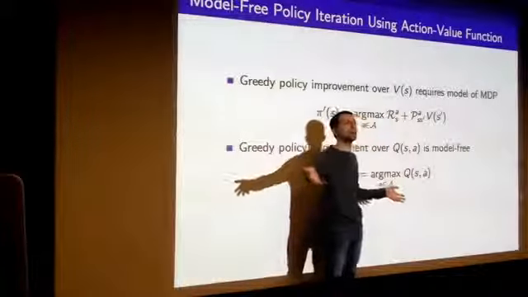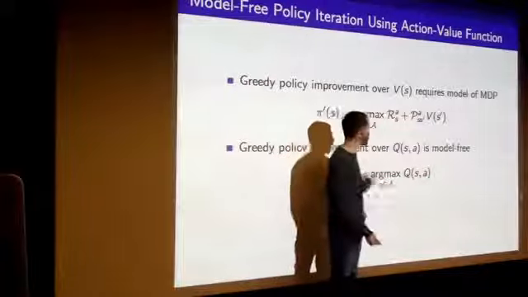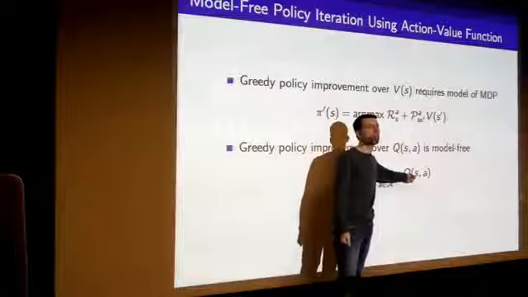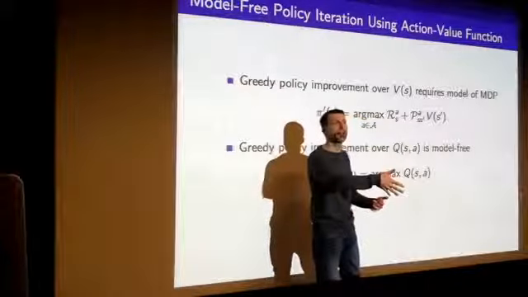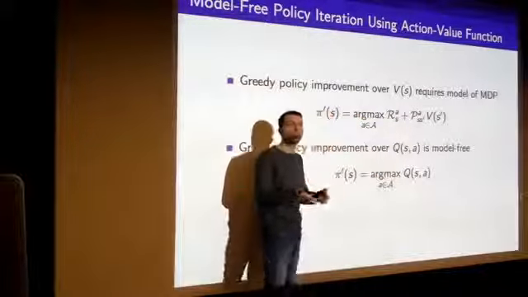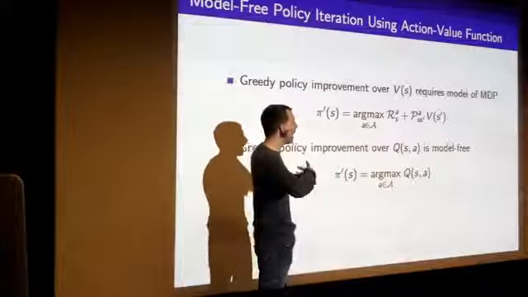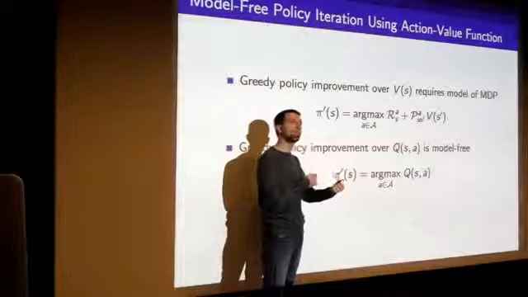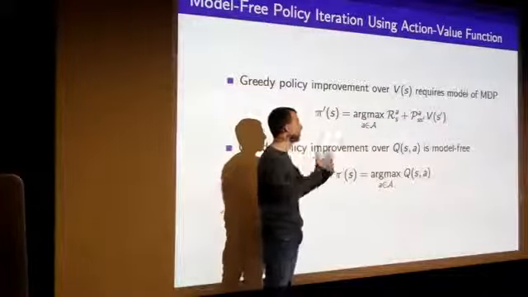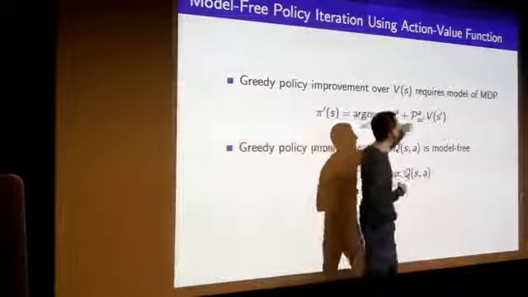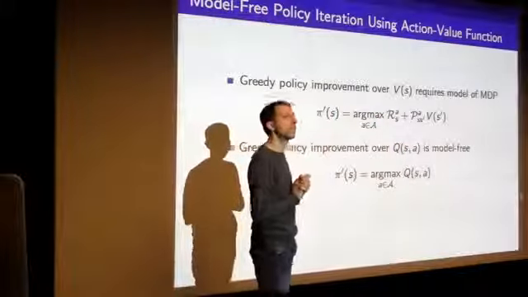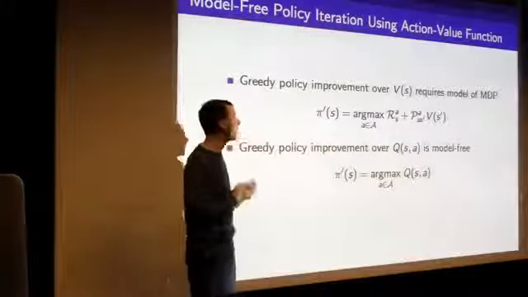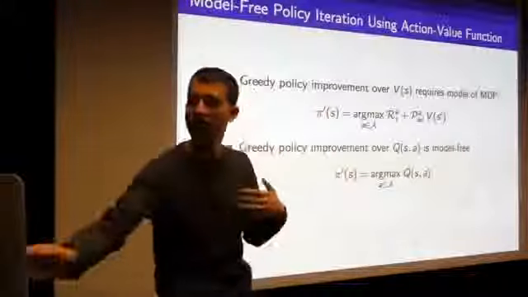If we want to make a better policy, we just pick the action that maximizes our Q values. That's the best action. It's immediate. You don't need a model to roll anything forward. It's already there in the structure that we've created. By caching the values of our actions, we reduce the burden of what we require from our model. We don't need to look at the model anymore. Is that clear? Okay. So let's drop that in.